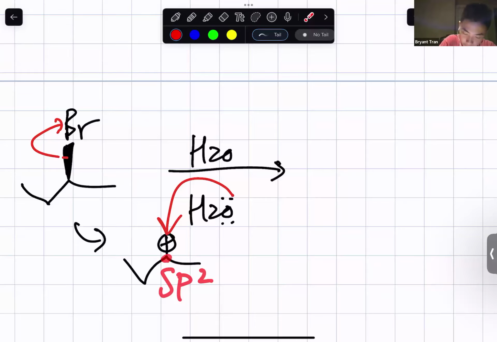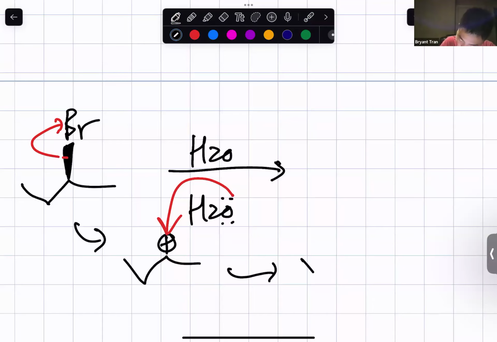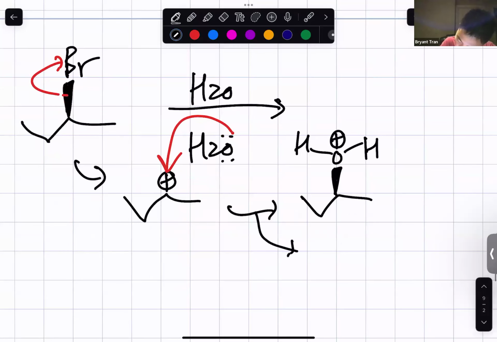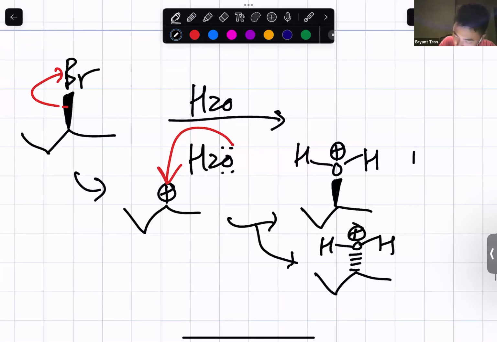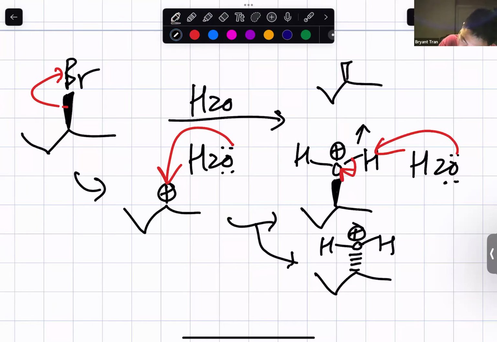So water can either attack on the top, giving us a wedge intermediate like this, right? Or it could attack on the back, giving us a dashed intermediate like this, right? And then let's just finish off the mechanism here on one of them, which I'm going to use this top one right here, deprotonate it, make it neutral, give us this neutral product here with SN1.